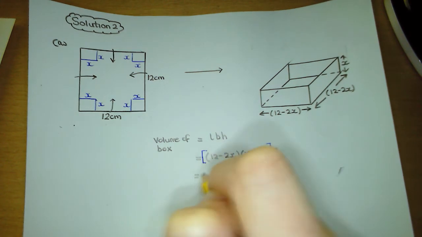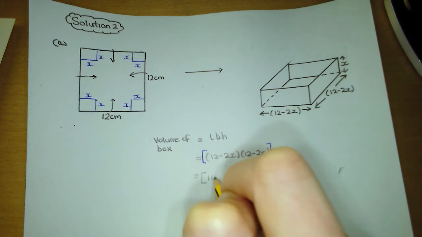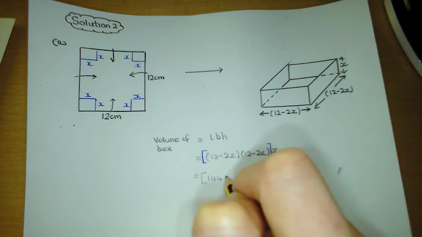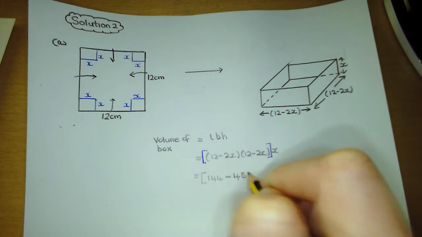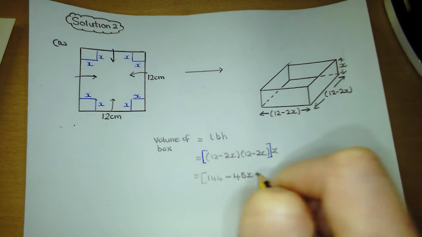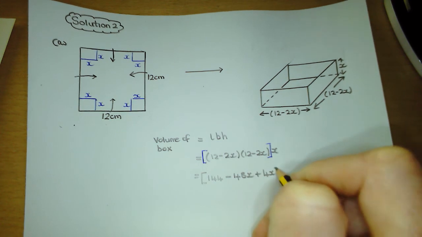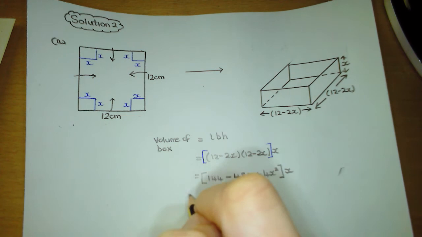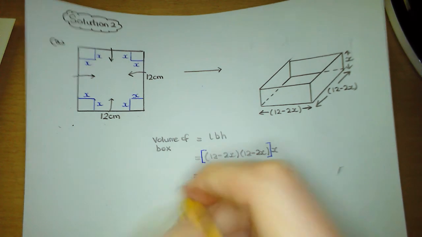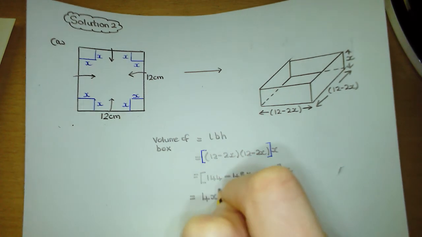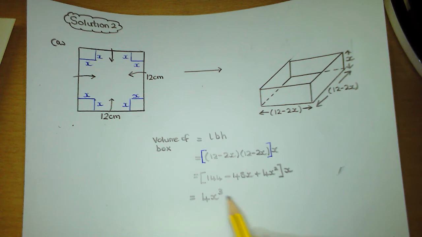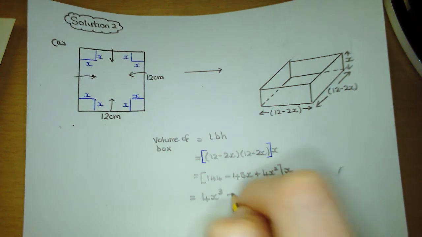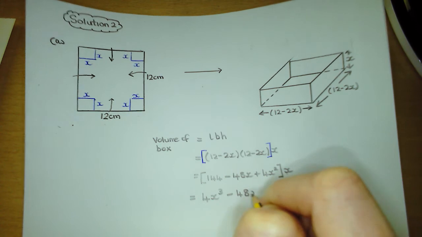So that's going to give us 144 minus 24x minus another 24x is minus 48x, and then plus 4x squared. And then the result is being multiplied by x. So tidy that up. That's going to give us 4x cubed, just putting the powers in order, starting with the largest and going downwards. x times minus 48x is minus 48x squared.